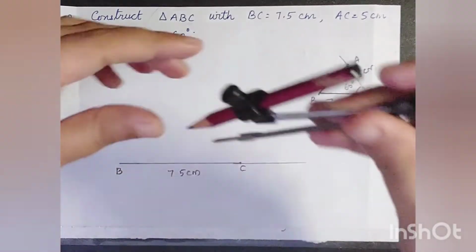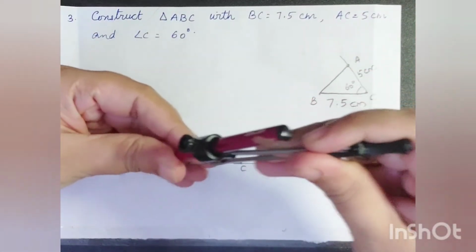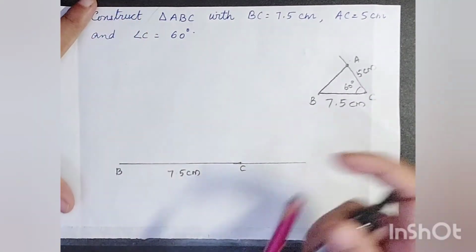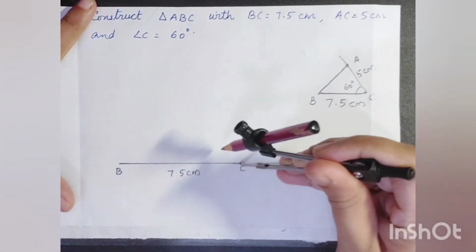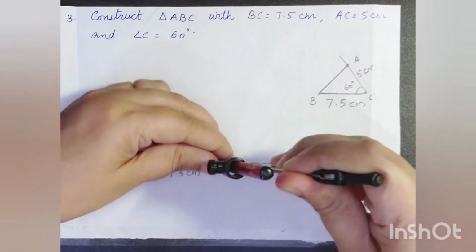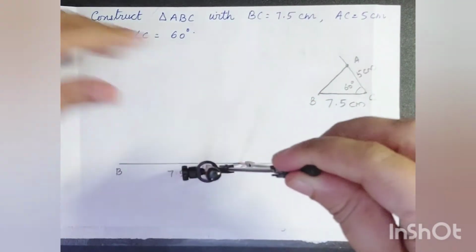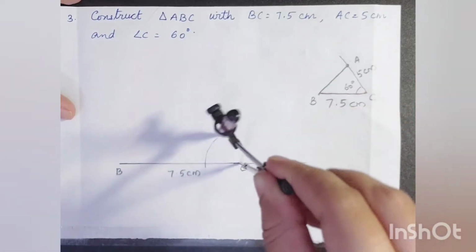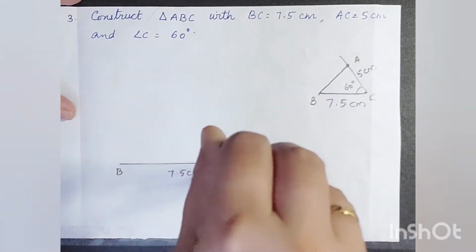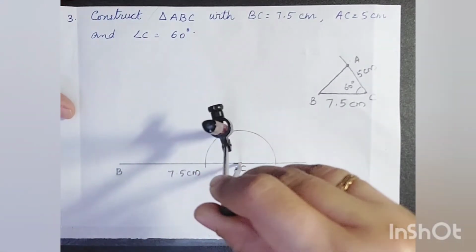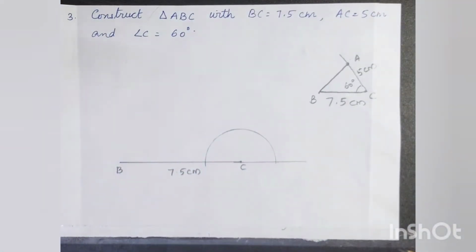Take a compass and keep the center at C. So we have to construct 60 degree at C, right? So keep the center at C and with any random measurement, draw an arc. Draw an arc. Okay.